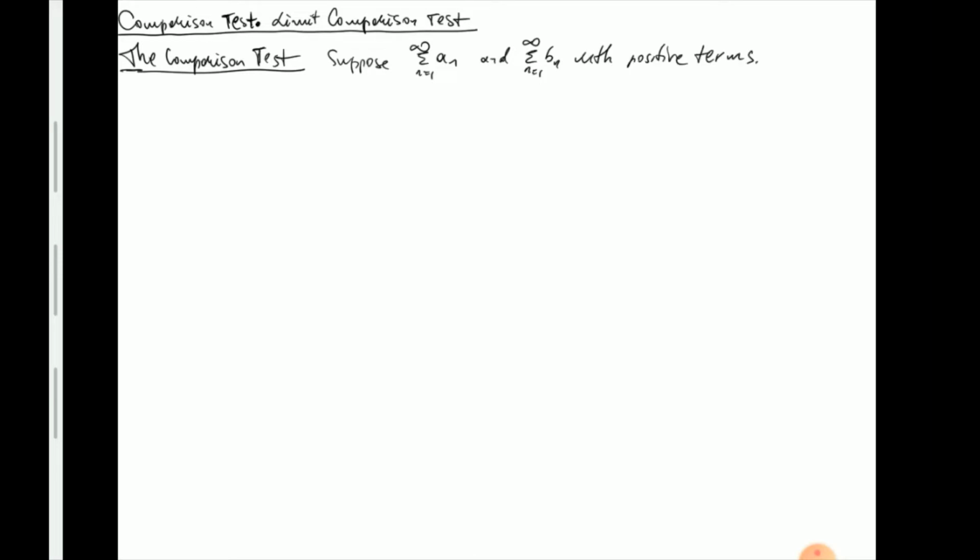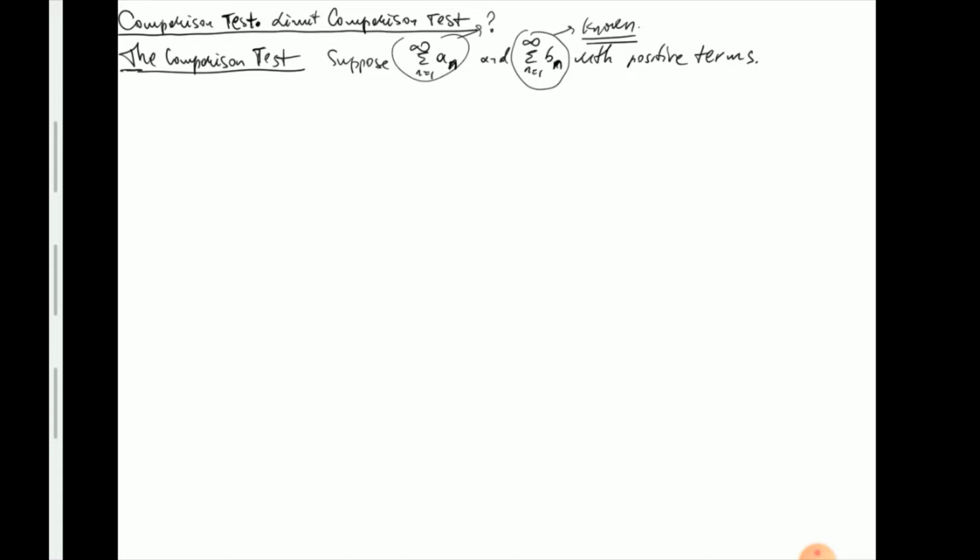For all practical purposes, imagine that this summation is actually known. It's the comparison series, so to speak. And this is the one that you're trying to figure out whether it's convergent or not. You compare it with another one for which you know whether it's convergent or not.